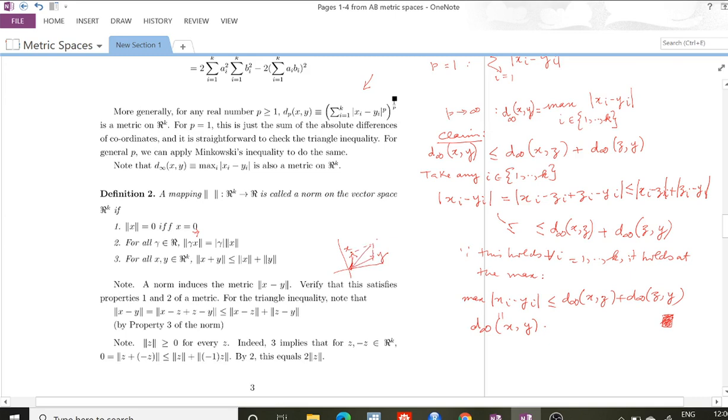So the resultant vector is x plus y. So if you have a proper norm, it must satisfy that norm of x plus y is less than or equal to norm x plus norm y, okay?